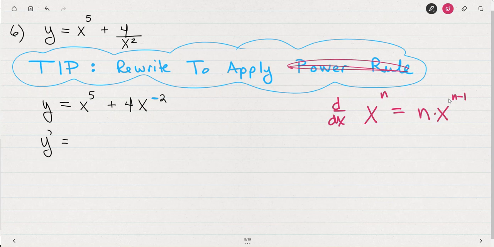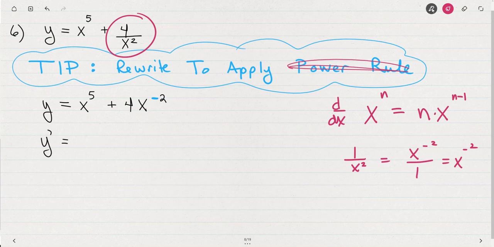So I can rewrite this 4 over x squared, applying the fact that 1 over x squared is the same as x to the negative 2, the reciprocal. Then when I rewrite this, I have x to the fifth plus 4x to the negative 2.